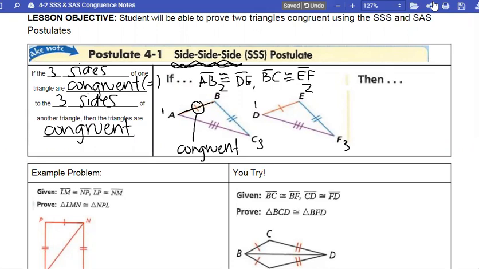That is segment CA. I started at 3 and I went to 1. So my 3 tick mark side over here would be segment FD. Since I know that all 3 sides are congruent, then I would know that my 2 triangles are congruent.